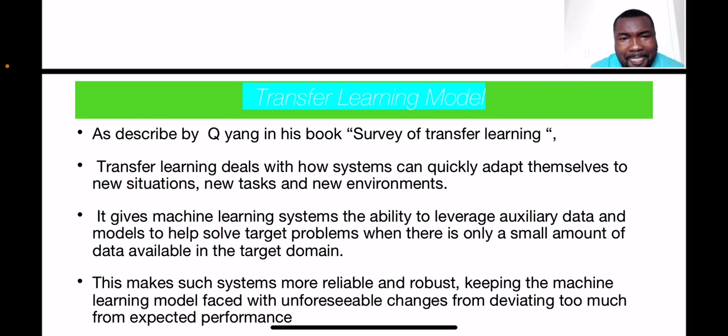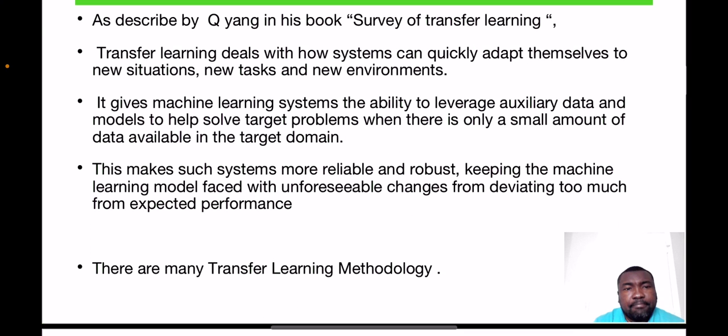It gives machine learning systems the ability to leverage auxiliary data and models to help solve target problems when there is only a small amount of data available in the target domain, which is the ideal case for the COVID-19 project that I'm working on. This makes such systems more reliable and robust, keeping the machine learning model, when faced with unforeseeable changes, from deviating too much from expected performance.